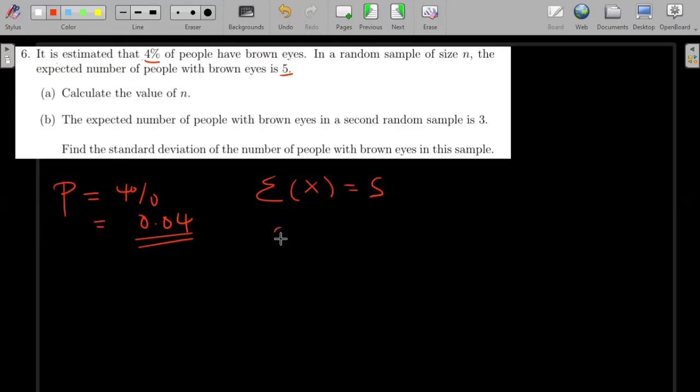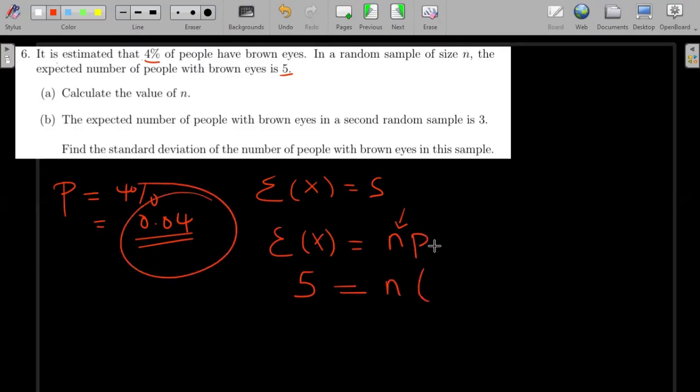We know that the expected value under the binomial distribution is calculated as np, where n is the sample size and p is the probability. The expected value we've been given is 5, so 5 is equal to n times p. n is what we want to find, but the probability of success is 0.04. To find the value of n here, we're going to divide both sides by 0.04.